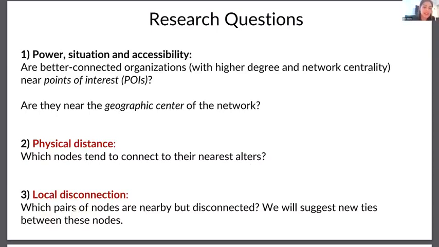And then local disconnection: which pairs of nodes are nearby but disconnected? We're going to suggest new ties between these nodes. We're interested in this because there might be organizations that are really close by, but because of the bottom-up nature of this network, it's a little bottom-up, it's a little top-down, they may not realize how close they are and the benefits of connecting with someone so close.